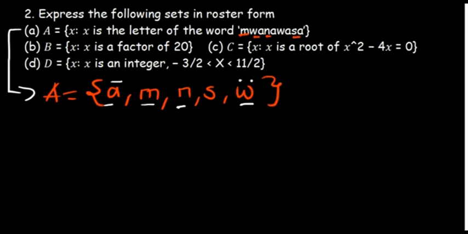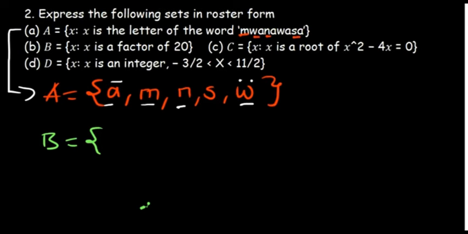Then moving on to the second one, set B. For this one, we are saying x is such that x is a factor of 20. So what is a factor of 20? A factor of 20 is any number that you are able to divide into 20. So you can list the members that are factors of 20.